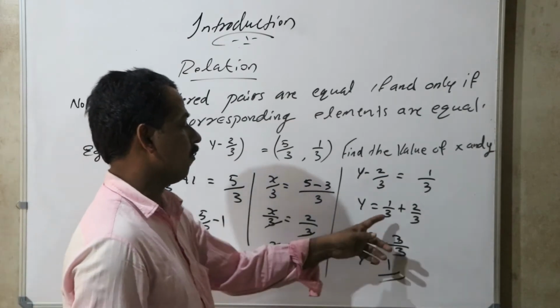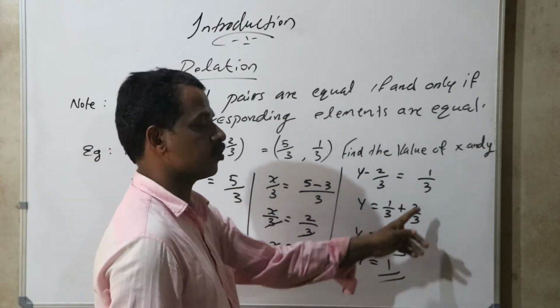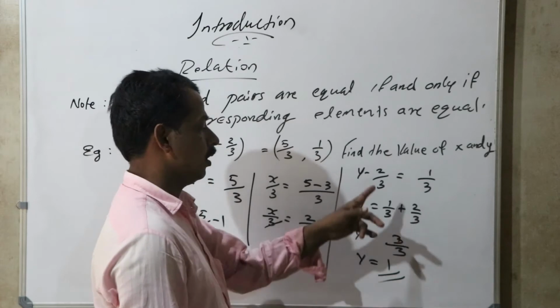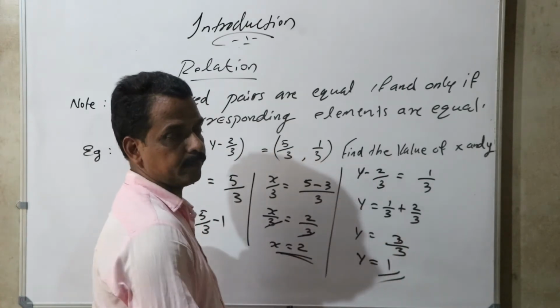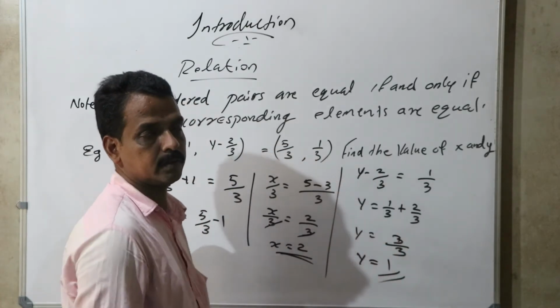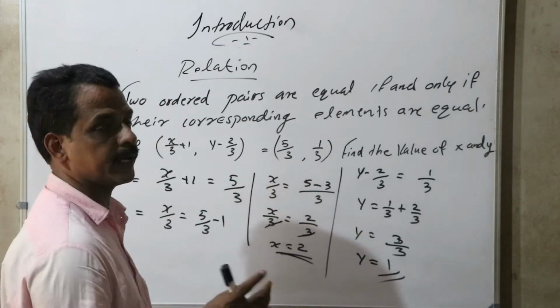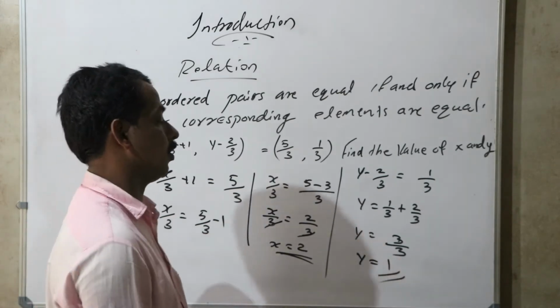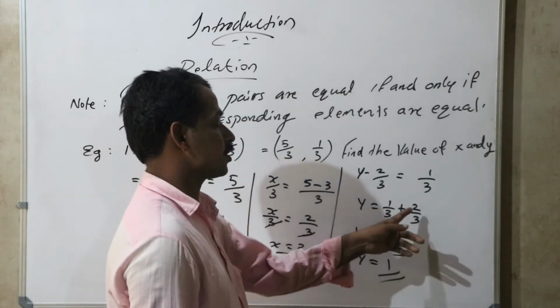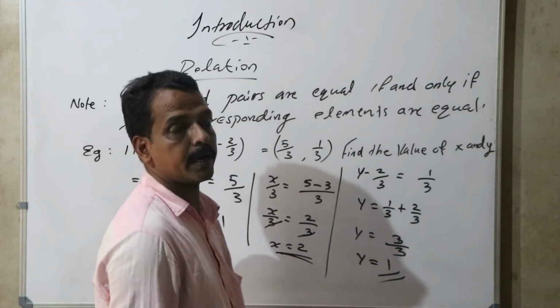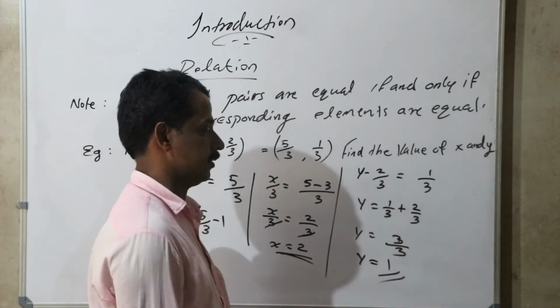Y is equal to 1 by 3 plus 2 by 3. How? Negative 2 by 3 from LHS goes to RHS, it becomes positive 2 by 3. Okay? 1 by 3 plus 2 by 3. This is adding of a fraction.